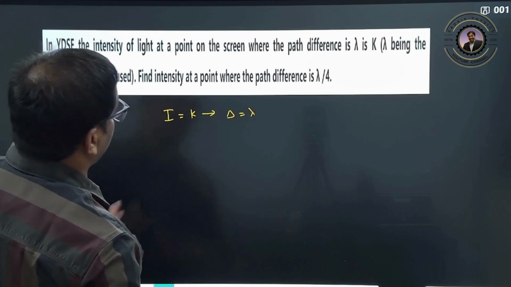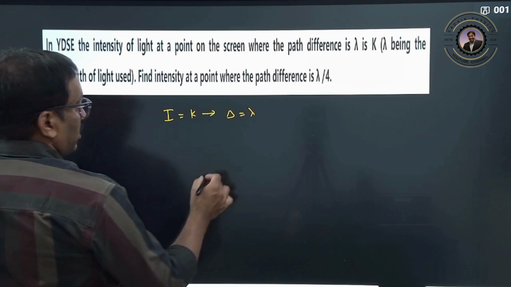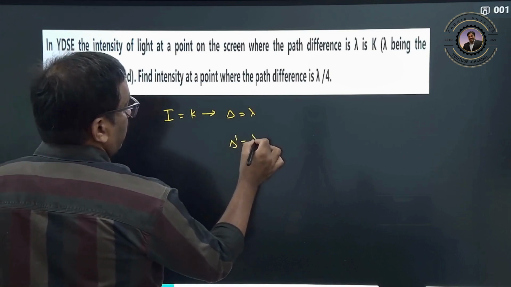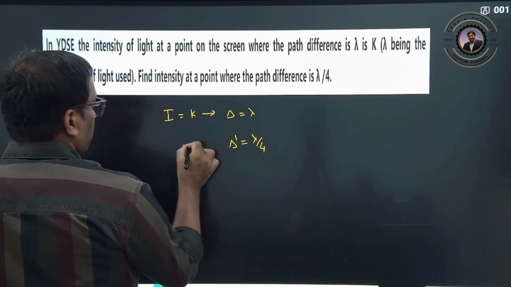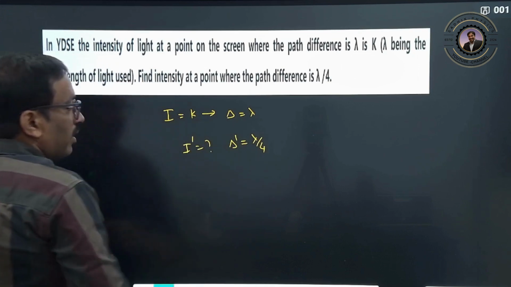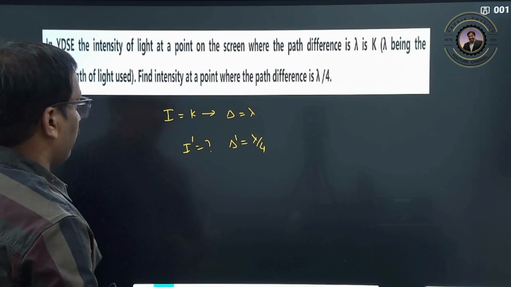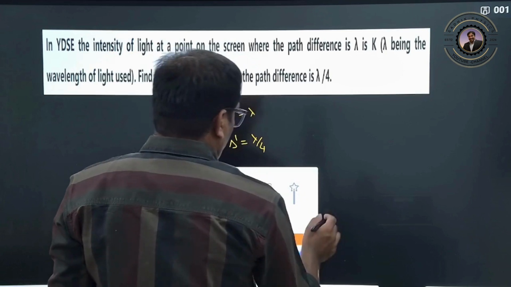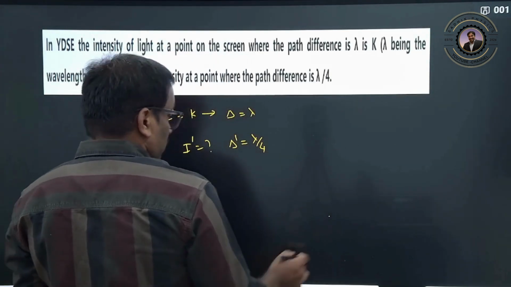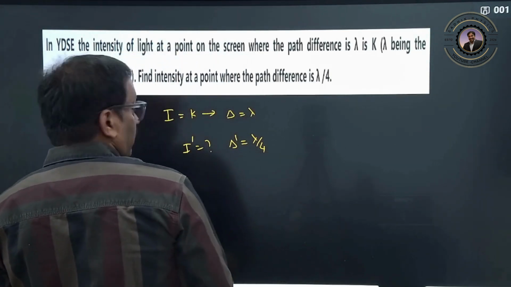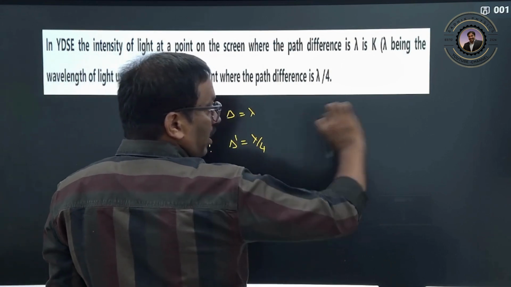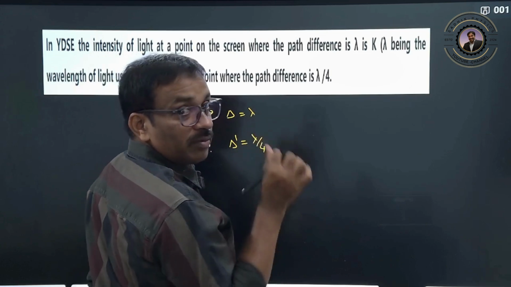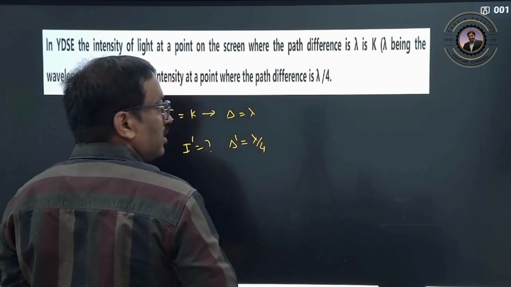Find the intensity at a point where the path difference is lambda by 4. Clear? So in YDSE experiment, mostly we have to consider slits of the same intensity. The slit sizes are not changed, amplitudes are the same, intensities are the same.